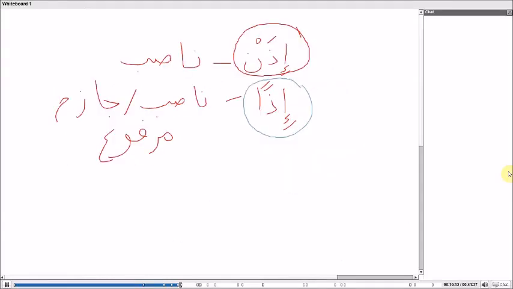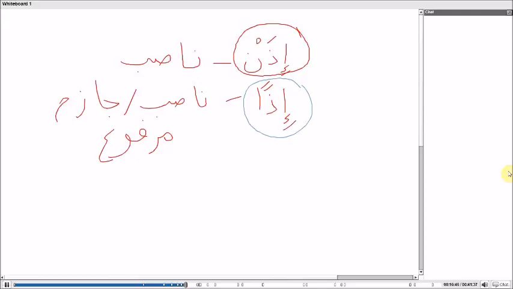So, idhin is a nasab, and for the mustaqbal. It's for the future. And it makes the fi'l after it nasib. Okay, now idhin, right? It can be a harf of jawab or other than that.